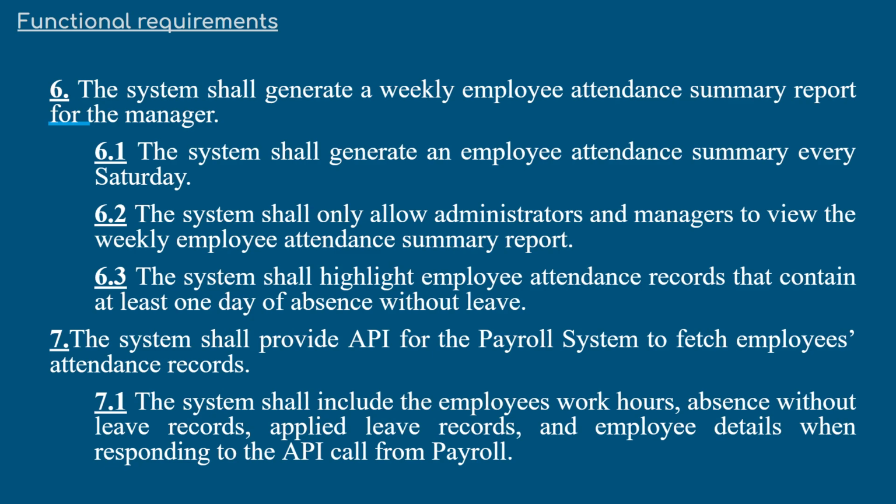So API is like an interface for the payroll. Yeah. So the payroll system wants to retrieve all these details like work hours, then it will automatically calculate the weekly payroll salary. Okay, so good.